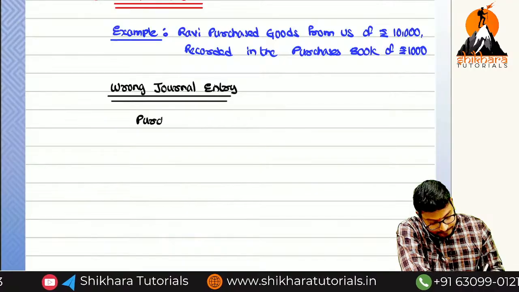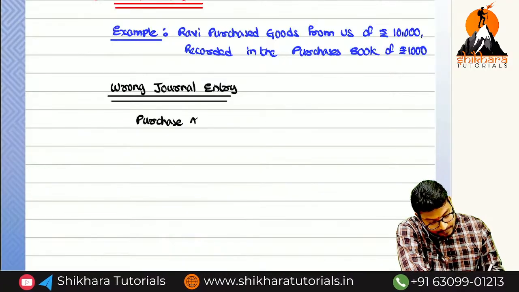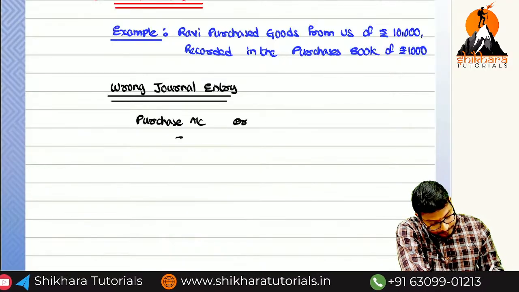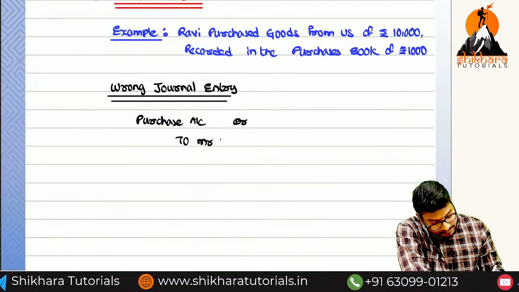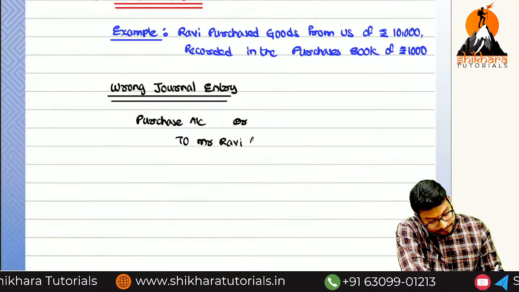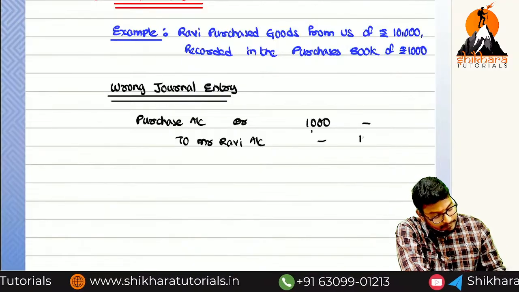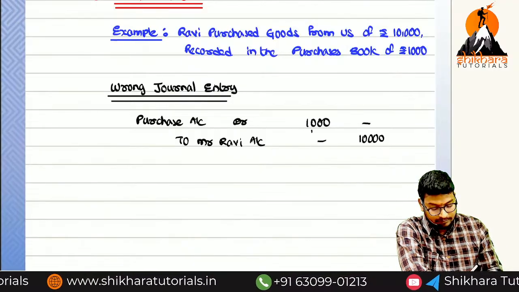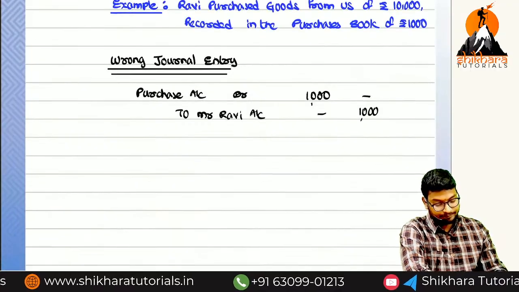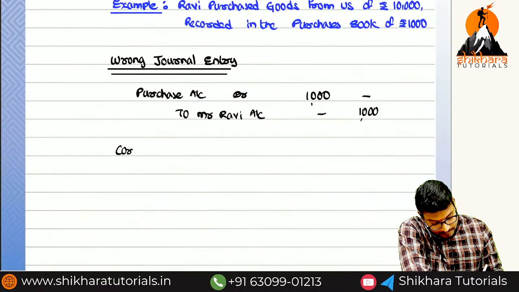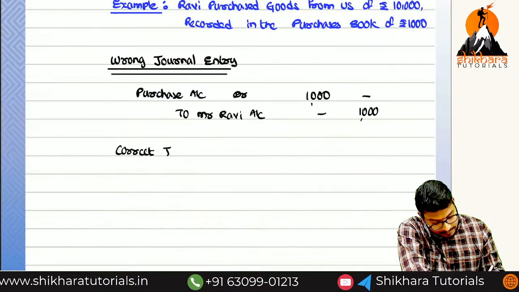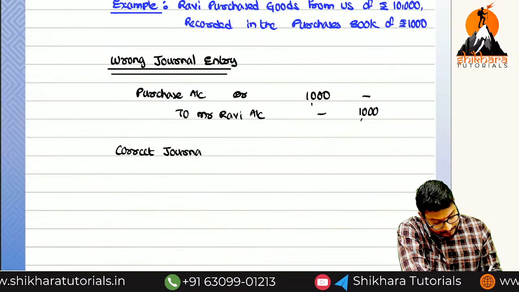Purchase account debited to Mr. Ravi account, 1,000 rupees and 1,000 rupees. What is the correct journal entry?